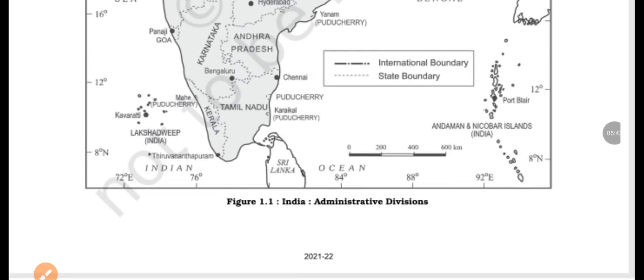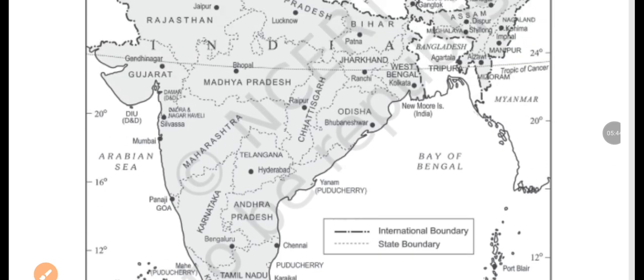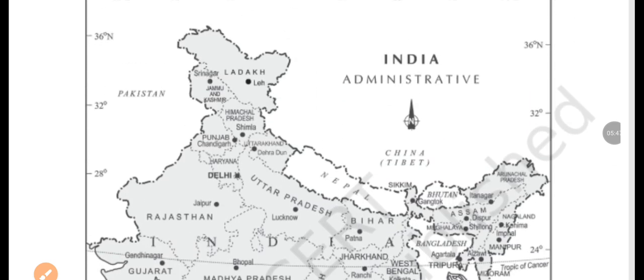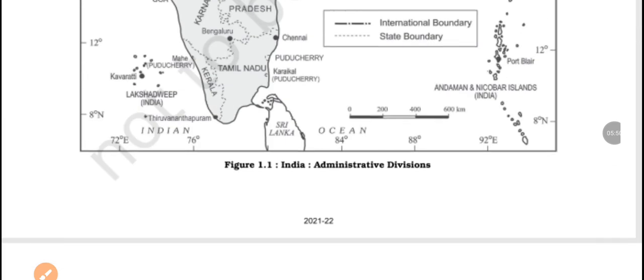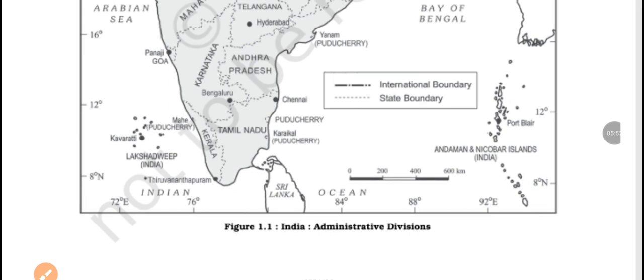This is the map of India's administrative divisions. Each state has its own capital.